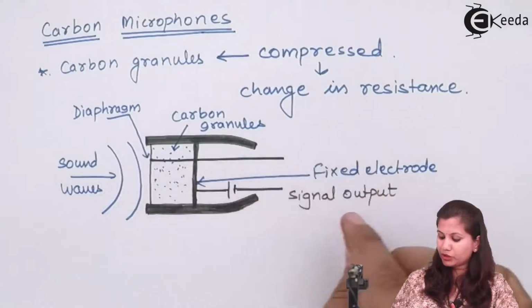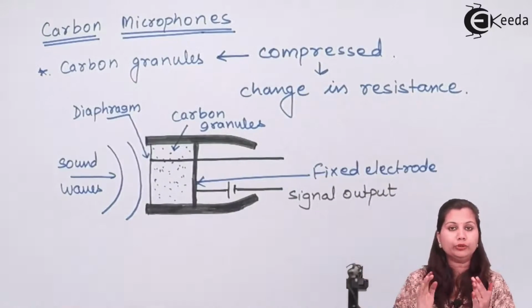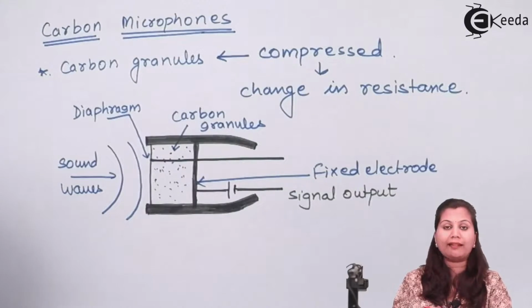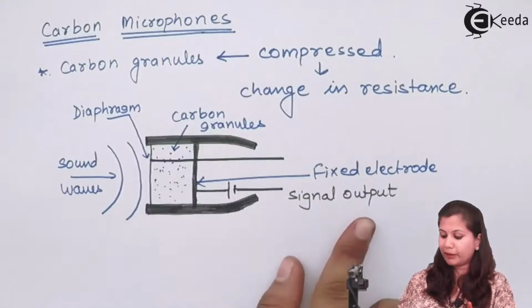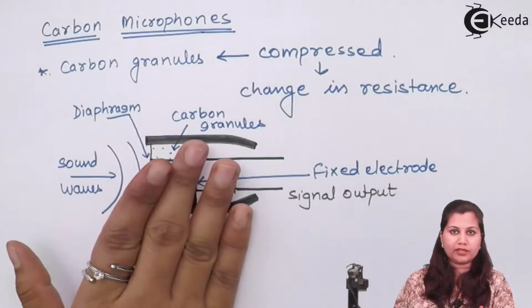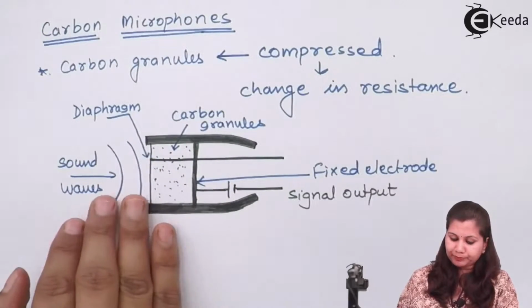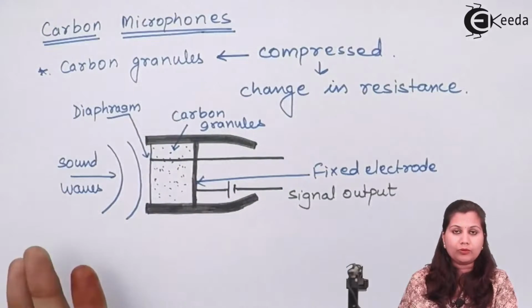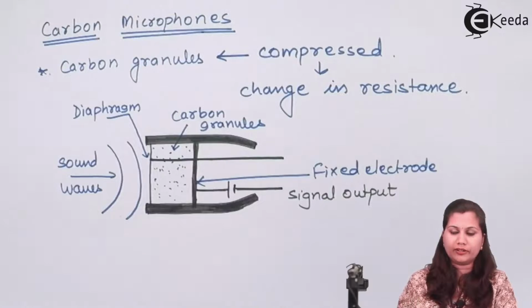So we are going to measure the signal output, and due to the change in the resistance, there will be a change in the output voltage, and this change in output voltage is a measure of the sound waves. In this way, the carbon microphone measures the sound by measuring the change in the resistance.